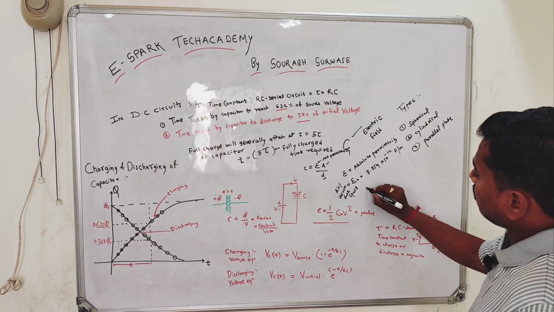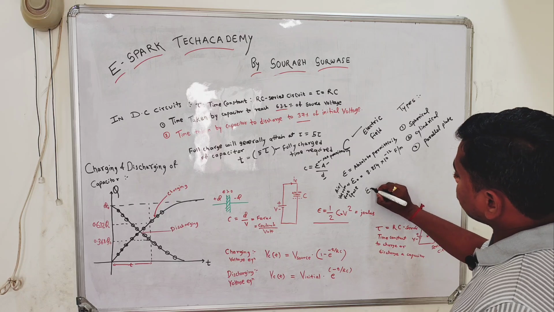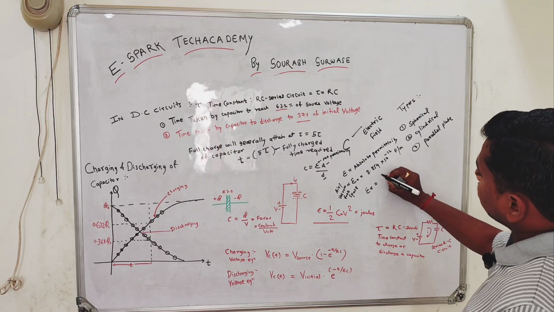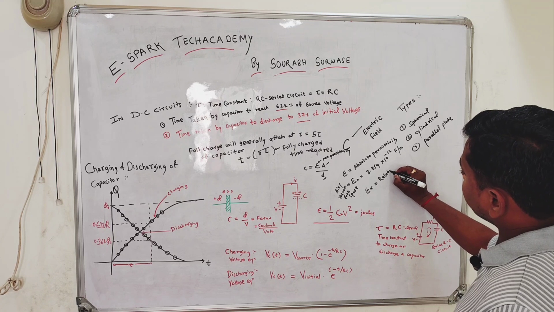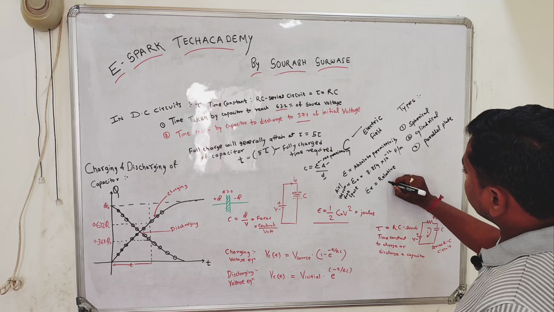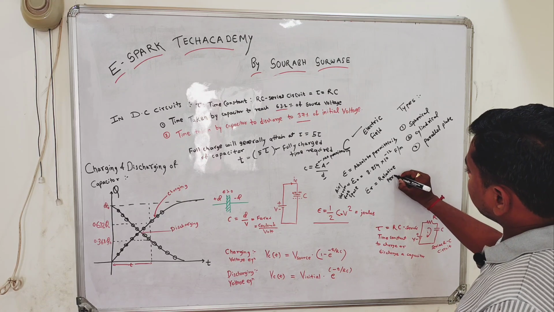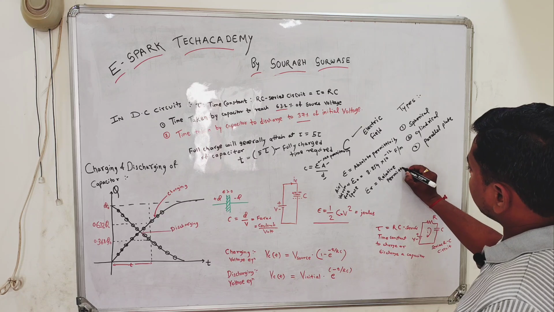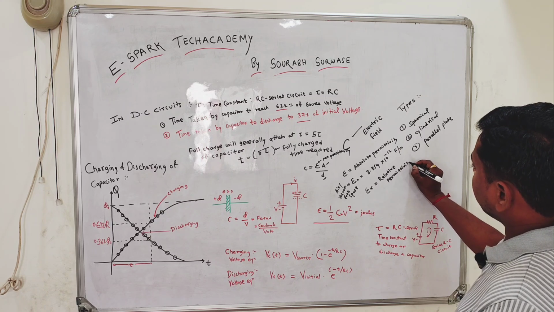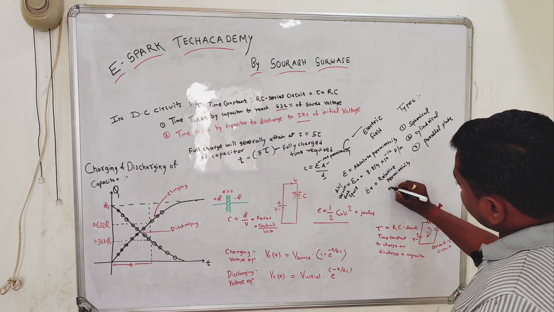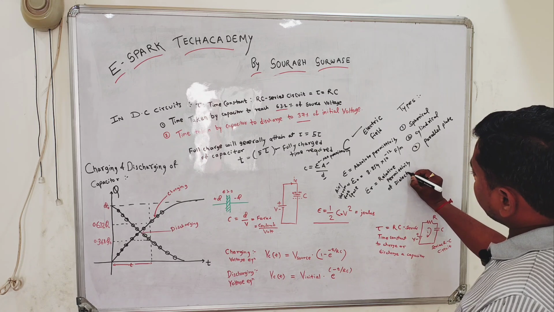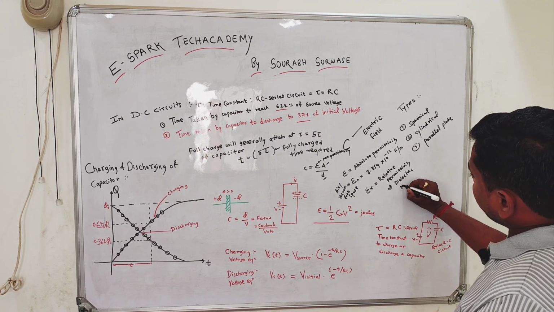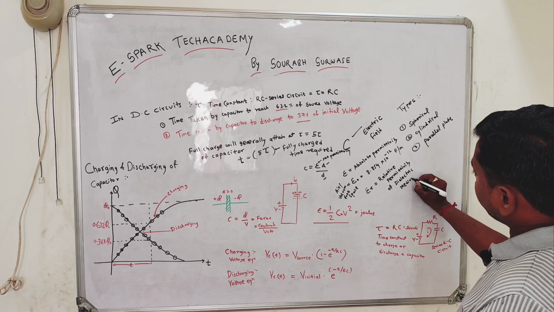And epsilon r is nothing but the relative permittivity of the dielectric medium.